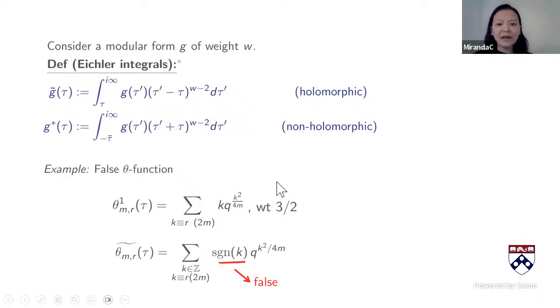A famous example of an isolated integral is the so-called false theta function. If you take the usual one-dimensional unary theta series, which is a weight 3/2 modular form, and plug it into the definition, being careful about the contour and so on, the result, up to some factor, is given by an infinite q-series which is almost a usual theta function. It just has some signs sprinkled in there. That's why they're called false theta functions.